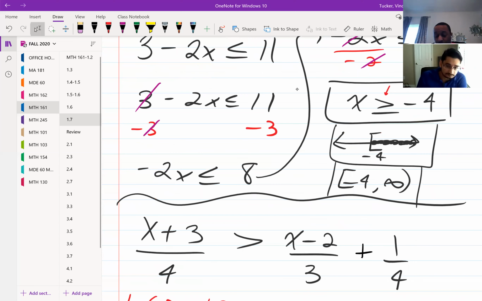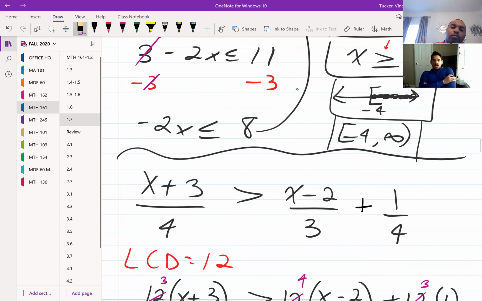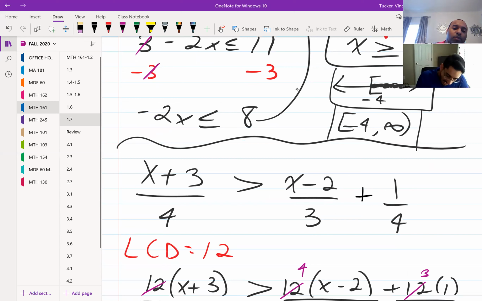All right, next one. x plus 3 over 4 is greater than x minus 2 over 3 plus 1 over 4. Just like before, when we're dealing with this type of problem, we want to find the LCD, and that is 12.